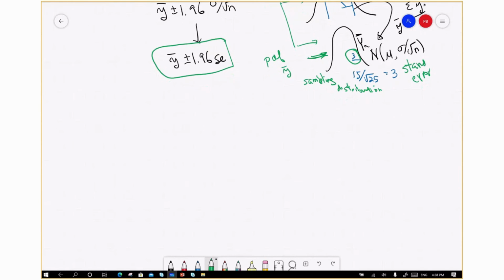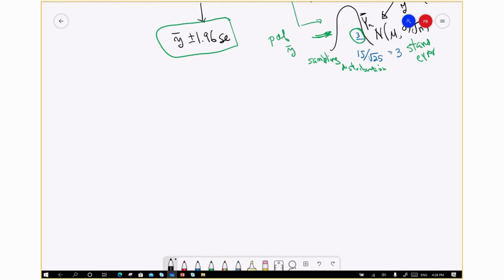Now, what we've gone through is a calculation of a 95% confidence interval. We can calculate other types of confidence interval, although they are less common. For example, if we wanted to, we could calculate a 90% confidence interval.